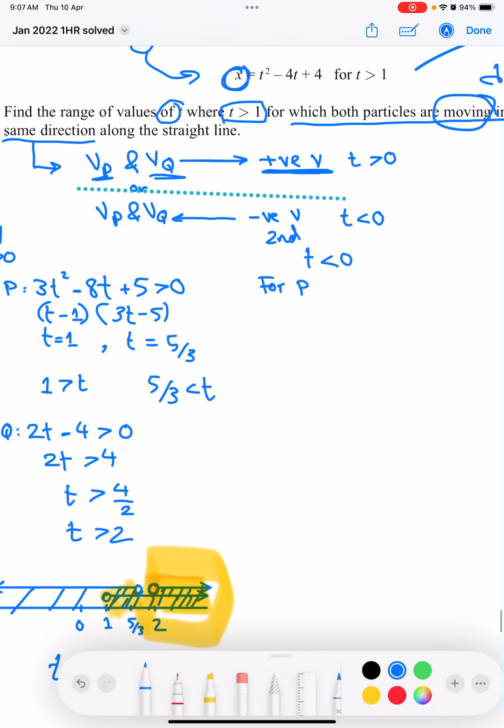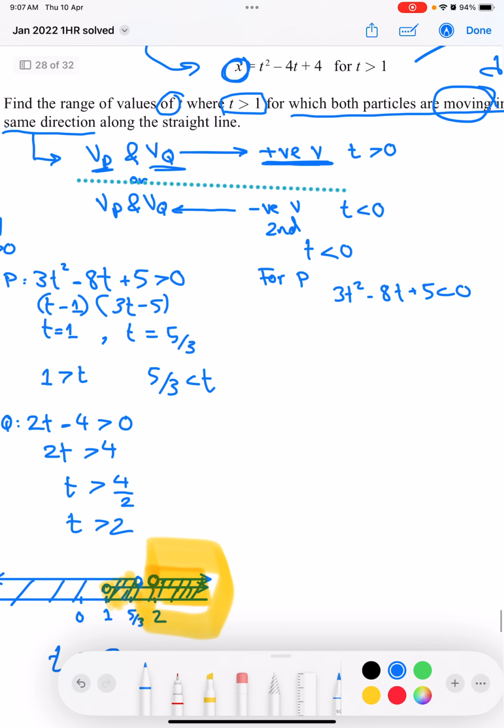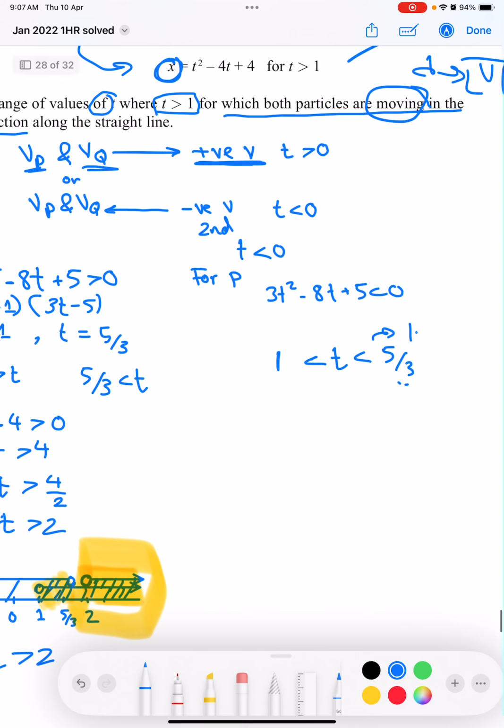I'm going to write only the equation. 3T squared minus 8T plus 5 less than 0, so it's going to be T, and the small is on the left and the big is on the right. It's 1 and 1.6, so 1 less than T less than 5/3.